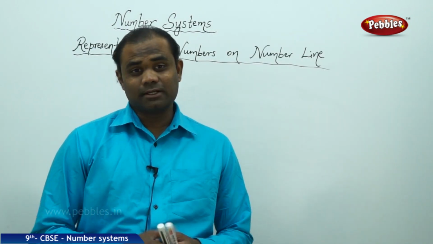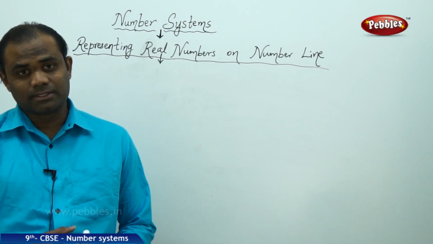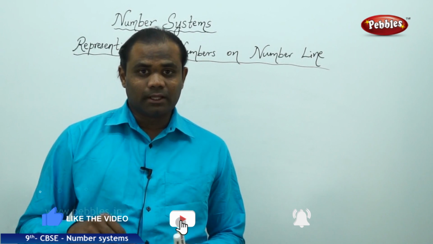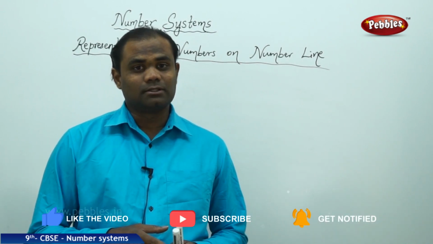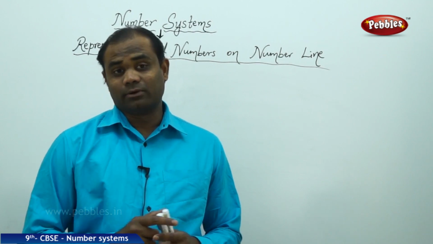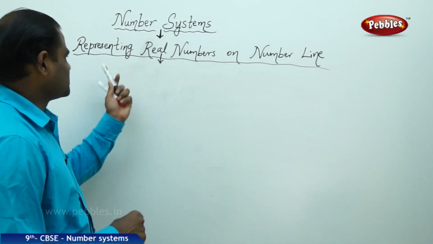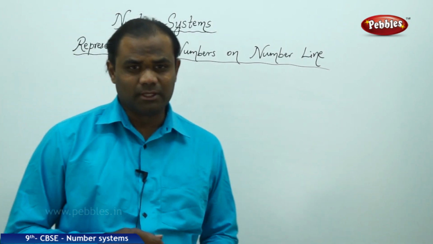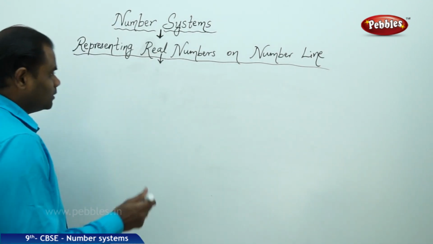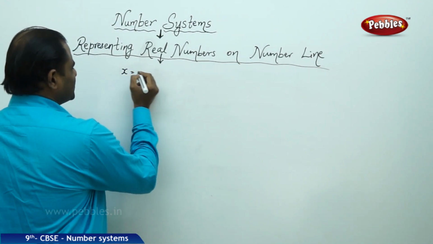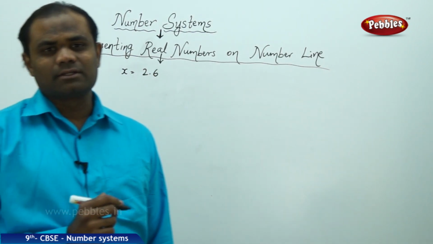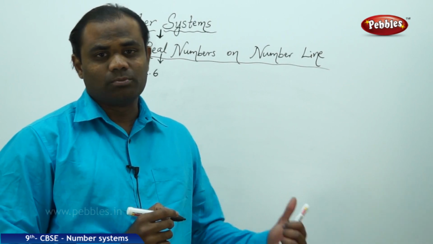So now that we have seen representing the irrational numbers root 2, root 3, etc. on the number line, let's try to see if any real number can be represented on the number line in approximation exactly where it has to be located. So here my session is about representing real numbers on the number line. For example, I take the number x equals 2.6. Now it is very easy to locate the number x equal 2.6.